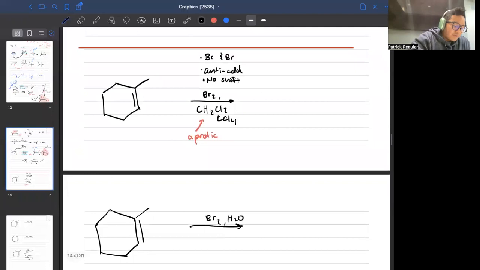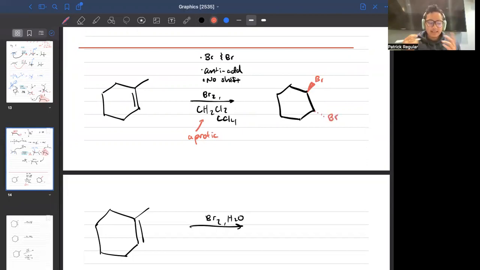And with that in mind, all right, let's redraw our thing without that double bond, because we know anti-addition: top half, Br. Bottom half, Br. Anti-addition. And then for that methyl group, I just draw the respective stereochemistry, because if the Br has to be on one plane, the methyl group has to be on the other plane.